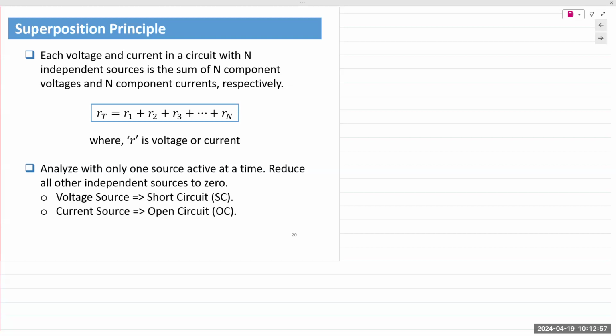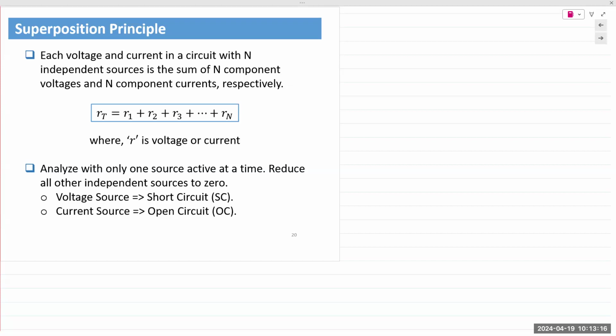Does that make sense? You have a voltage source Vs and a current source Is present in the circuit. The resulting voltages and currents in any part of the circuit would be a result of both of those sources working together, at the same time.